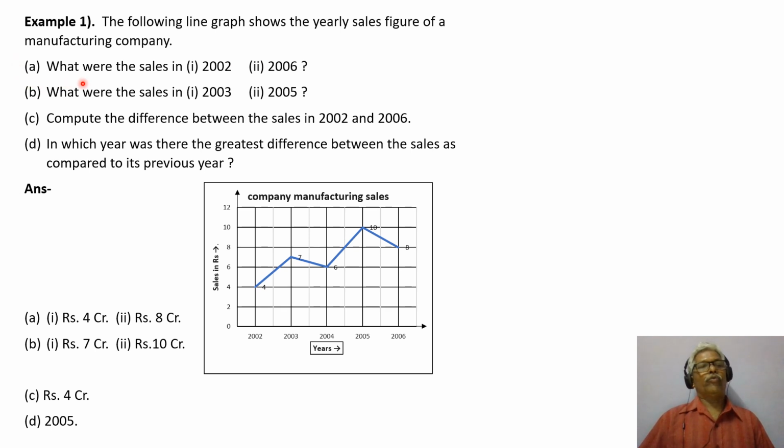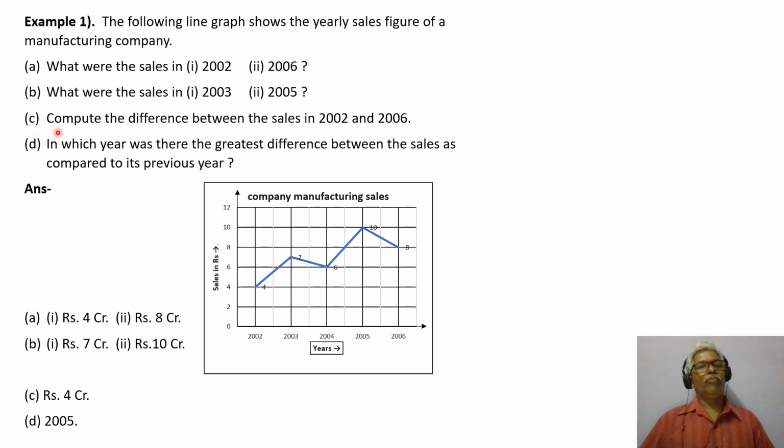A. What were the sales in 1) 2002 and 2) 2006? B. What were the sales in 1) 2003 and 2) 2005? We will read all this first.